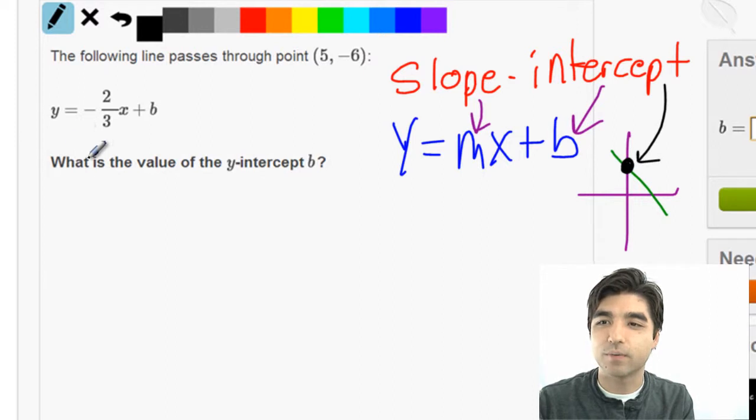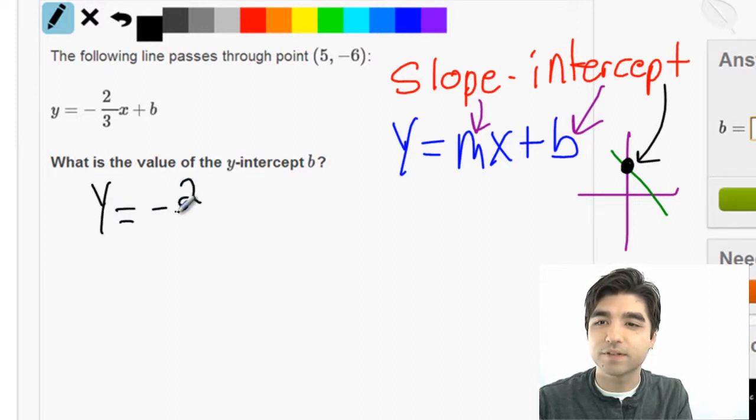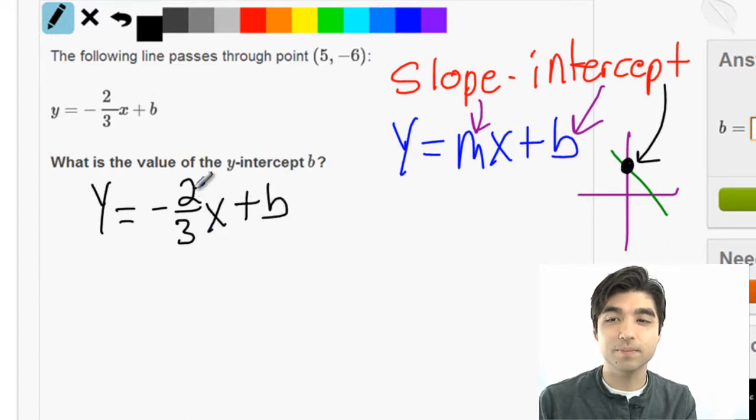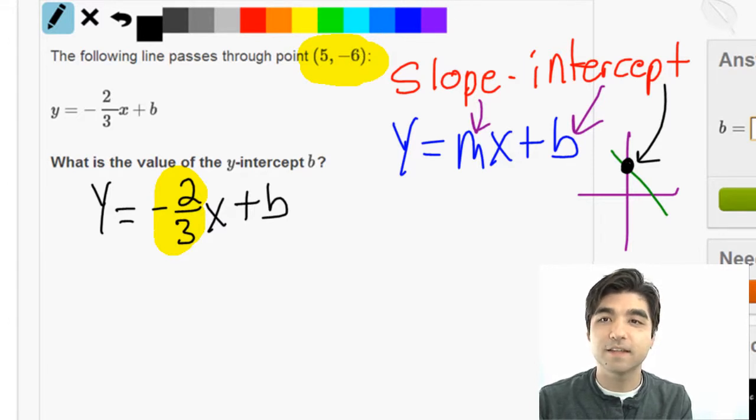Our equation is y equals negative 2/3 x plus b. So they give you the slope, which is the negative 2/3 here, and they give you a point right here, 5 and negative 6.